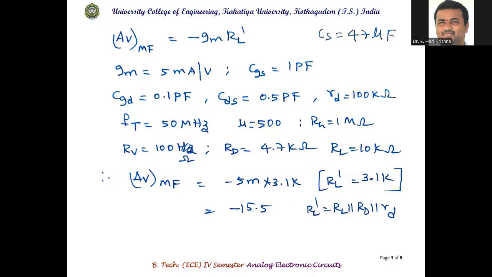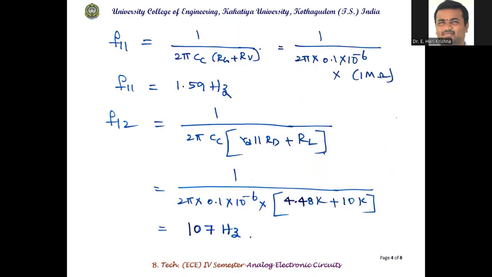Clearly visible is that the transconductance of FET is very small compared to the transconductance of BJT. That's why the gain of a BJT amplifier is generally considered to be high compared to FET amplifiers.